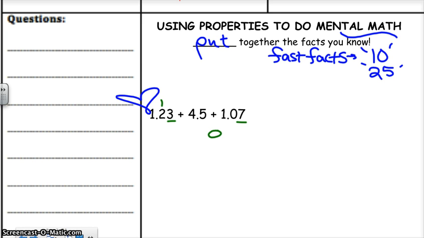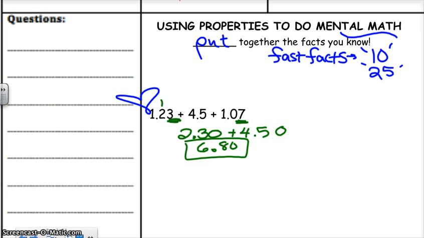I would carry a 1. 0 and 2 is 2, plus 1 is 3. 1 and 1 is 2. So I have 2.30 plus 4.5. Now I can just go, this would be 0.80 and 6. 6.80. So my process was to look at the ending digits to see if I can make a 10, add them up, and then add that last digit up.